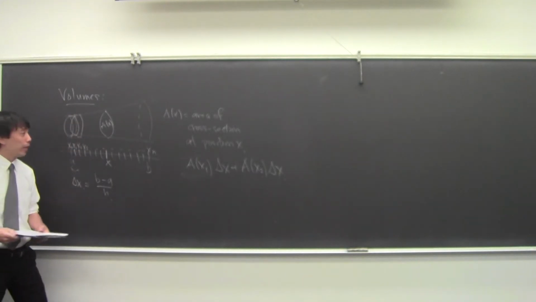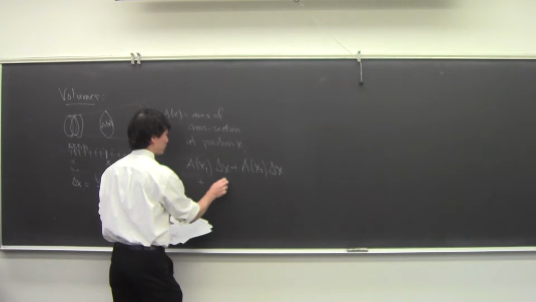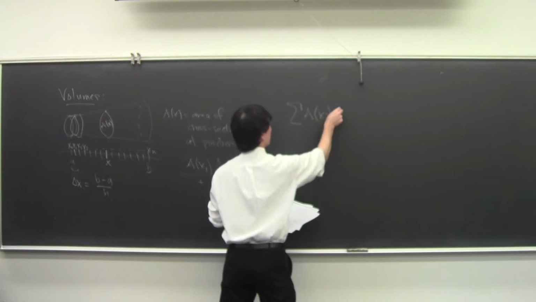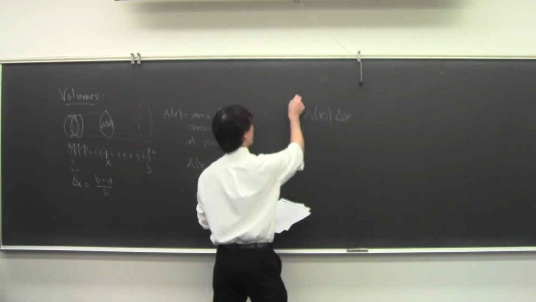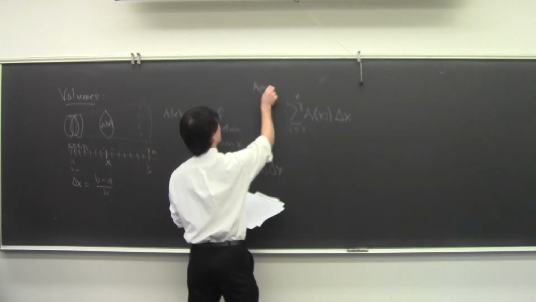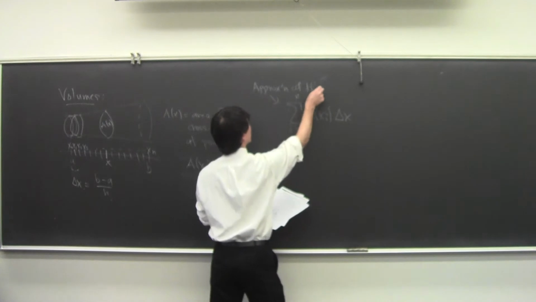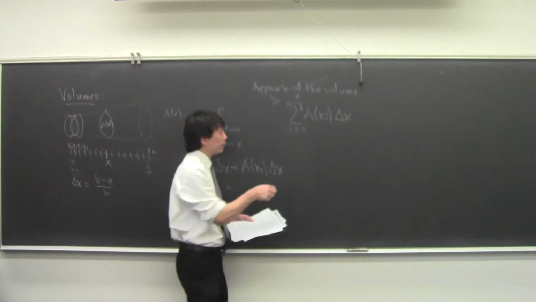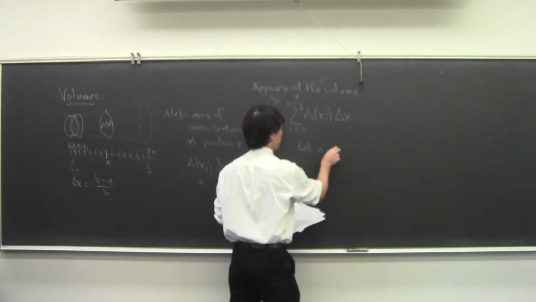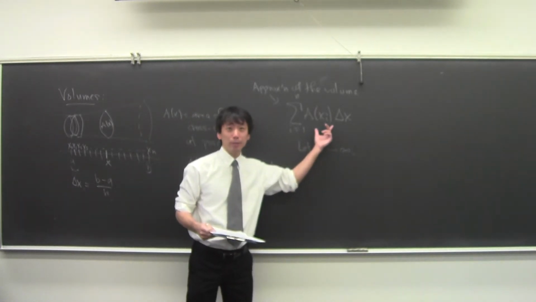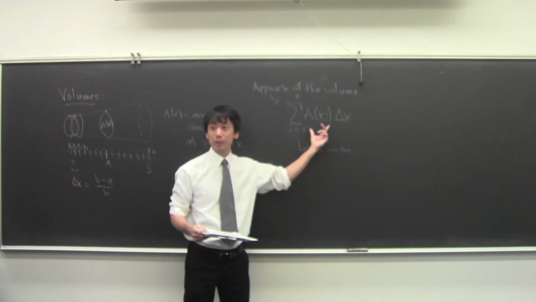Then you add all these things together, and you get the sum of A of xi delta x as i goes from 1 to n, which is an approximation of the volume. Then you let n go to infinity, and you say, well, look, this is the Riemann sum for a definite integral.